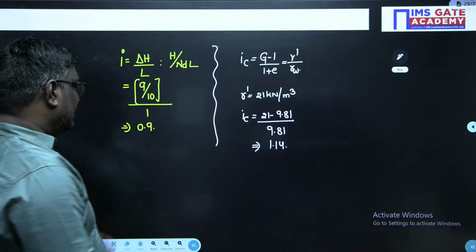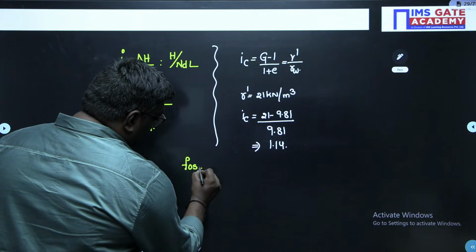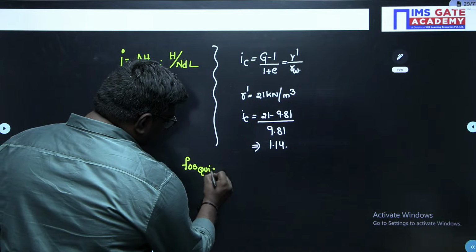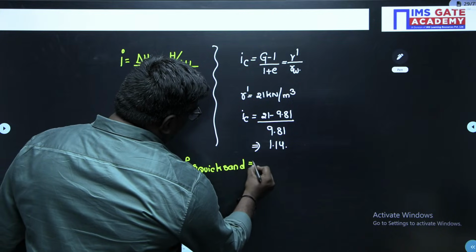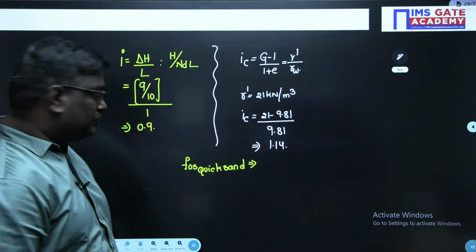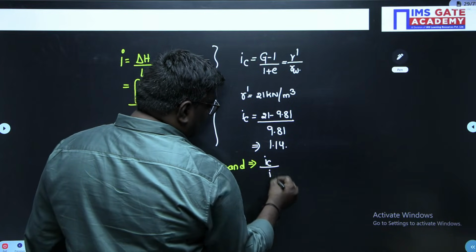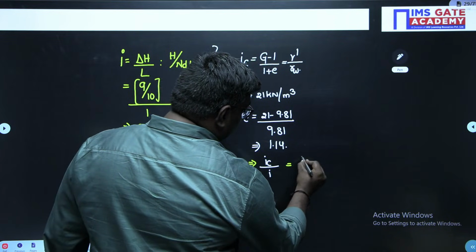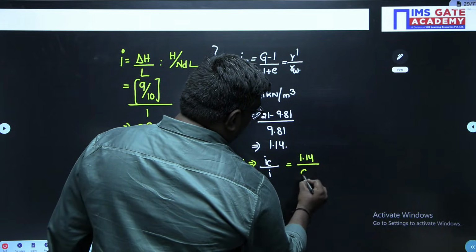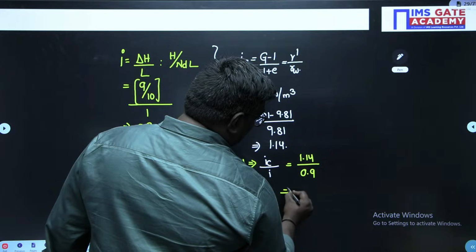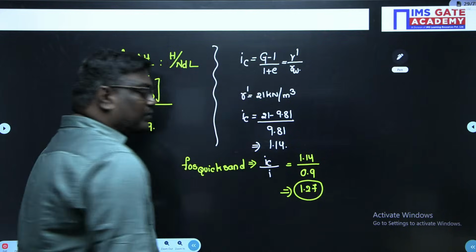Now the factor of safety for quicksand or piping condition should usually be more than 1 for it not to occur. So the factor of safety is given by the formula IC upon I. IC is 1.14 divided by 0.9, so this will be roughly 1.27.